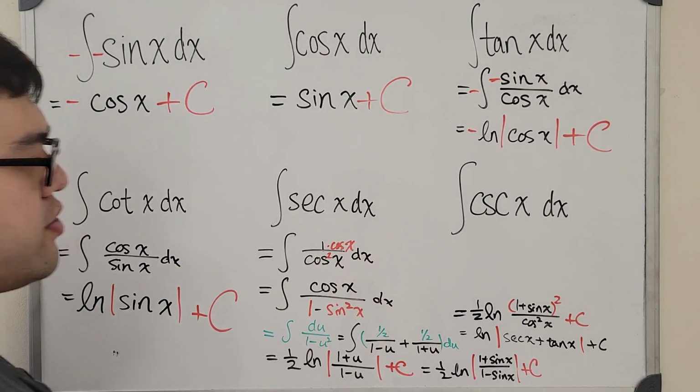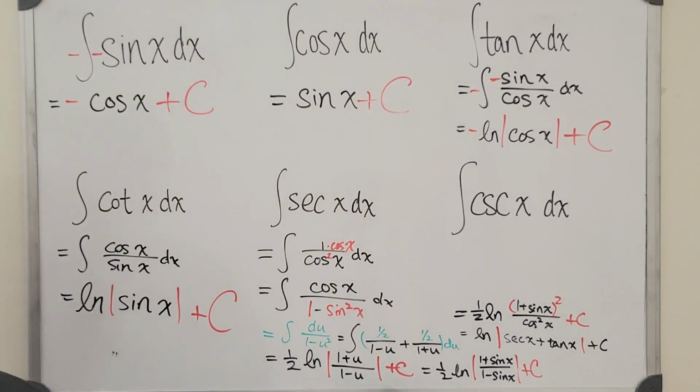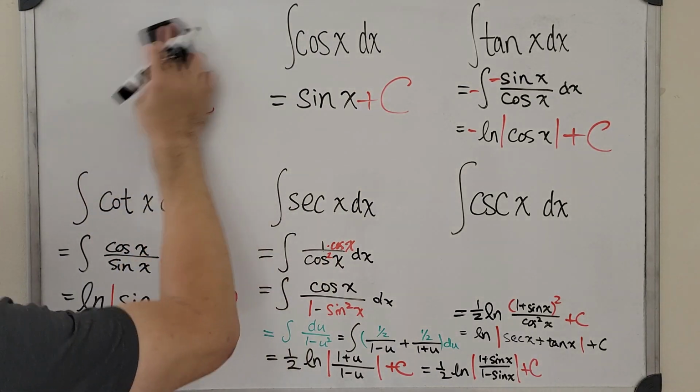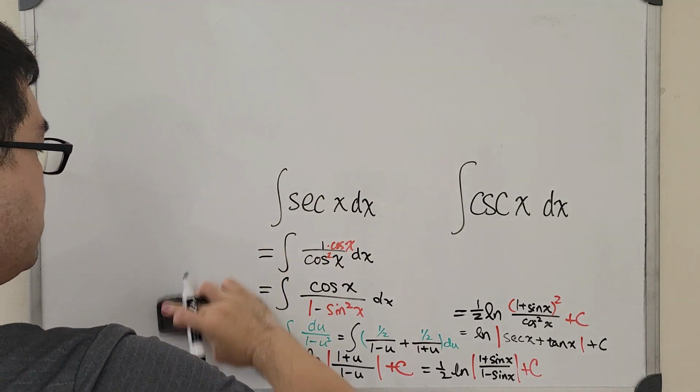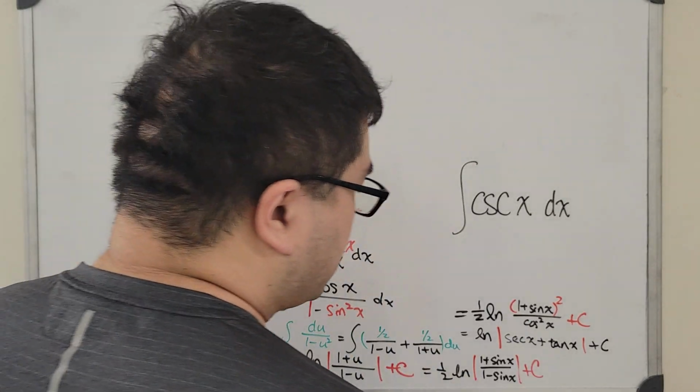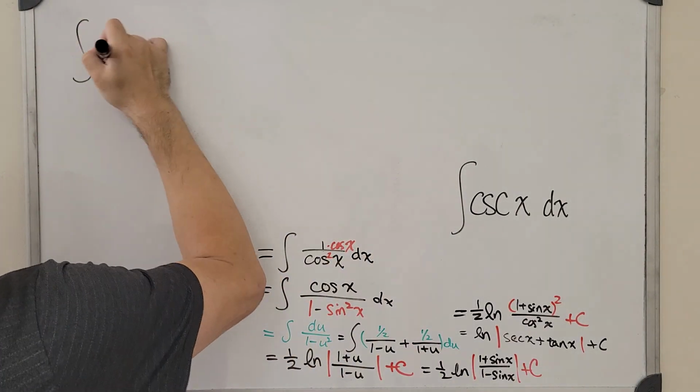So the last one, we're going to do something that's very similar, but since we're running out of room, I'm going to rewrite it on top here. So for the last one, we're going to look at cosecant of x.